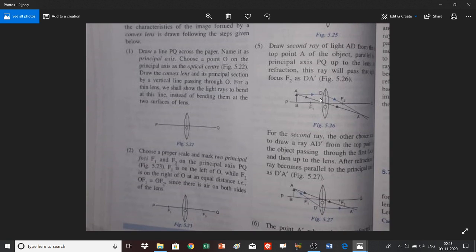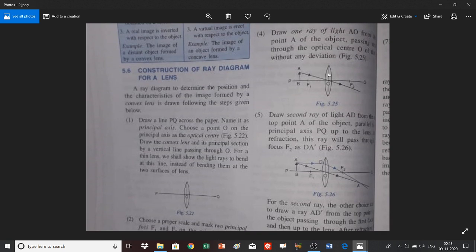And here everything that we have done in the previous cases is also summarized. So this is the lens, the principal axis, this is the first principal focus point, this is the second principal focus point. This is the ray which is passing through the optical center and it will move without any deviation.